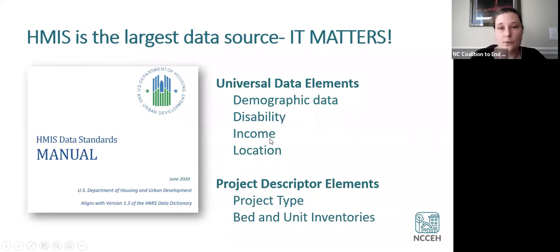It also looks a little differently at data than some other reports. We're looking at universal data elements down to the demographics, looking at disabling conditions, income, the location of clients, as well as some back-end data elements like project type and bedding unit inventories. So it's a very robust, comprehensive report.